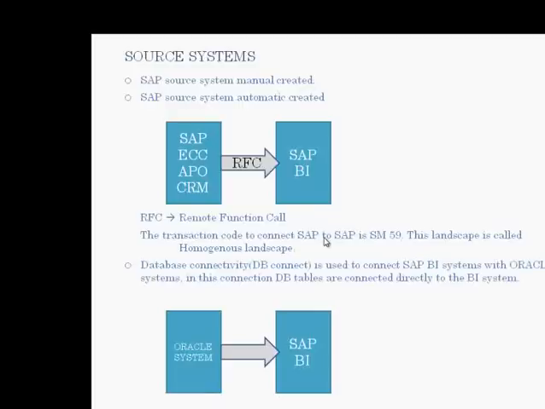There are minor things, for example, if there is a timestamp mismatch, then you might have to reactivate the source system connection and then reload the data. Those are such minor things we can do ourselves. Typically, you can always pass it on to the basis consultants if there is a problem in RFC.